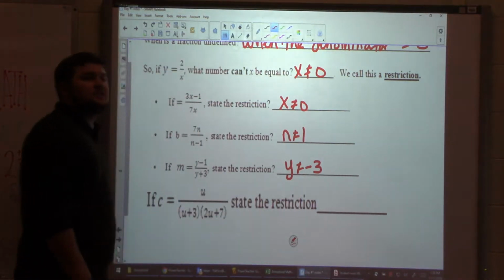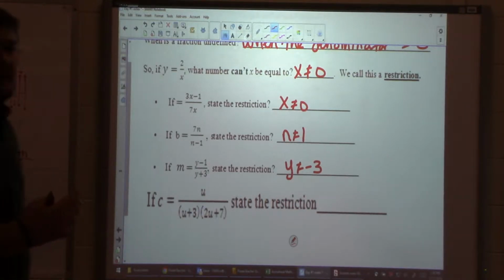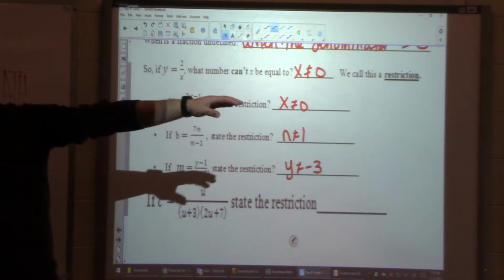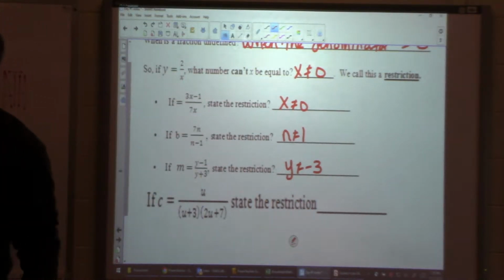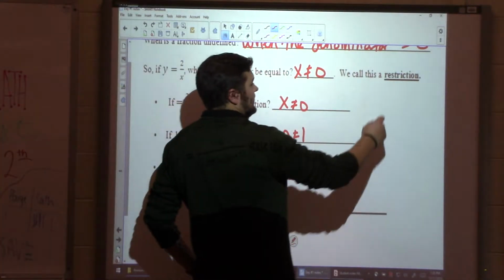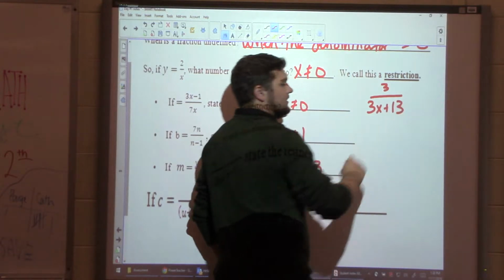Hey guys, if you're just looking at it, and you can't think about what that restriction might be, what could you do to find it? Math. Like, how did you get negative 3? You looked at it and you saw, well, I know negative 3 plus 3 equals 0. What if it's not that easy? What if it's like 3 over 3x plus 13?